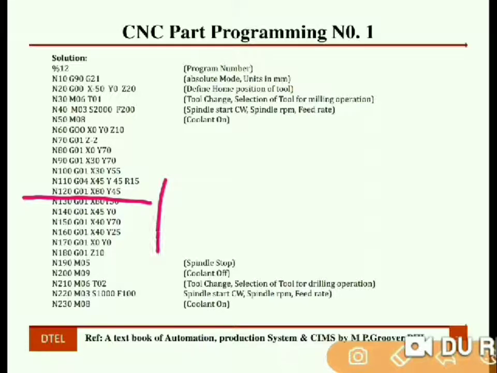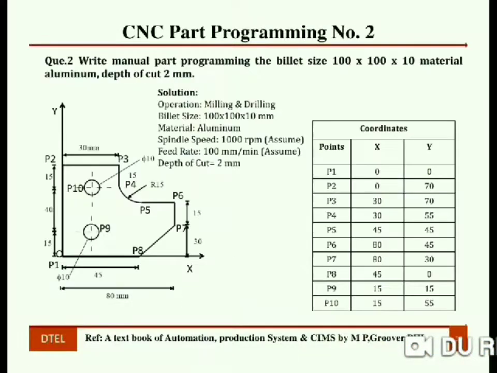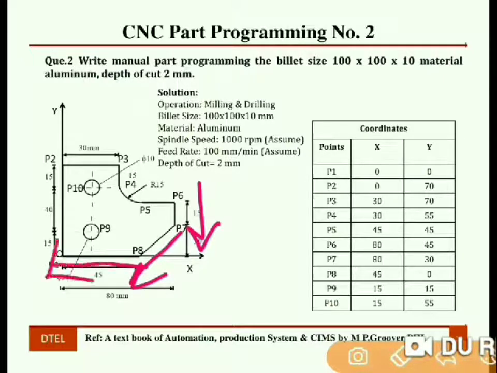Similarly, we have to complete one complete loop. From this figure, we can see we need to follow the path P6 to P7, then P7 to P8, again a straight cut G01, and P8 to P1, again a straight cut.